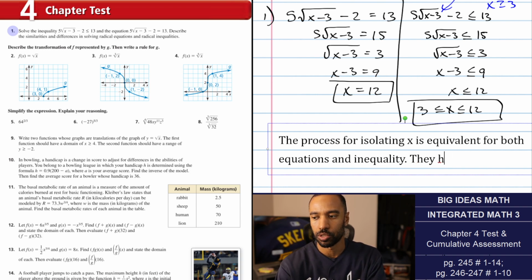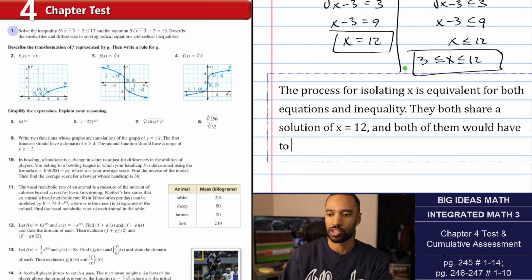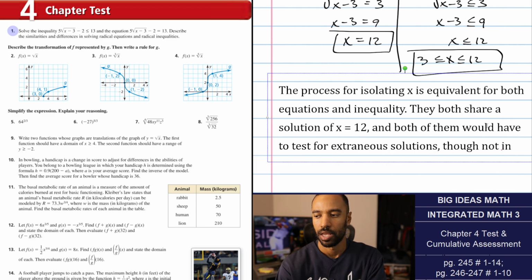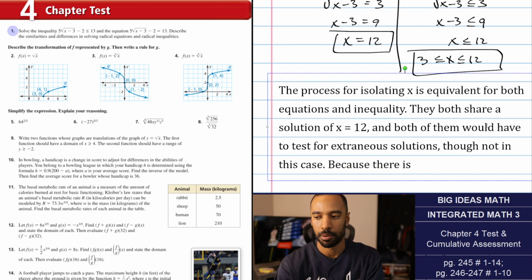They both share a solution of x equals 12, and both of them would have to be tested for extraneous solutions in some cases, though not in this case. We need to check for domain concerns because there is an infinite number of solutions.